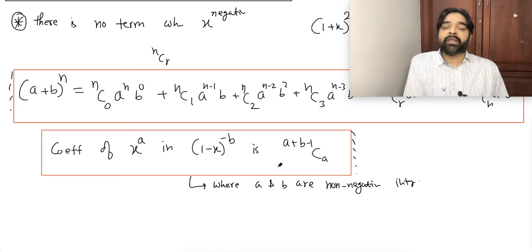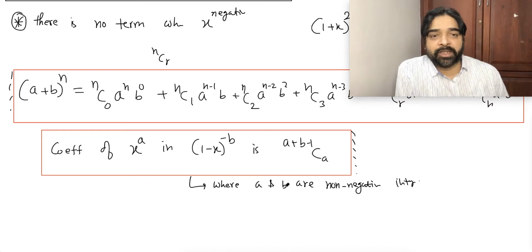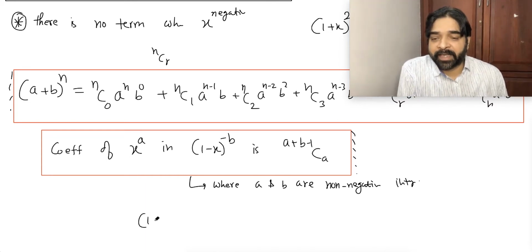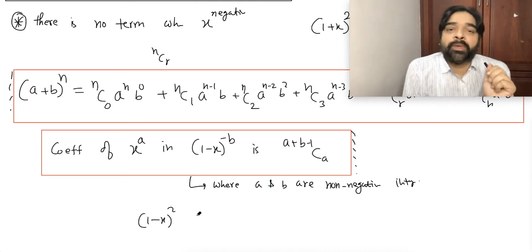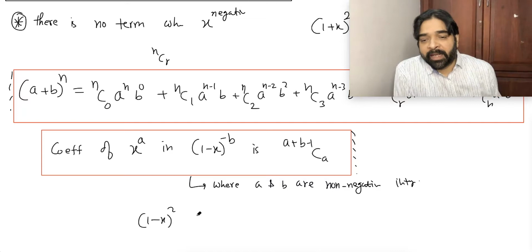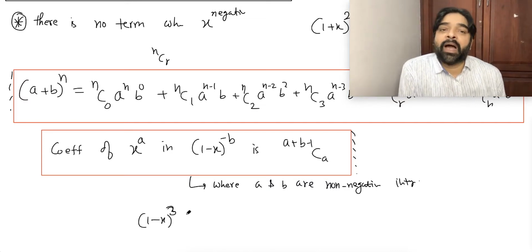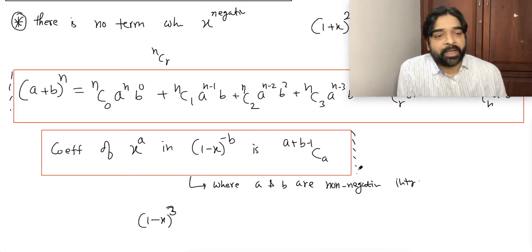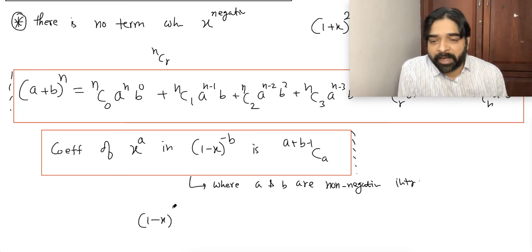I'm not giving the logic behind this. But if I say 1 minus x power 2, if you expand it, how many terms will come? Three terms. 1 minus x power 3, how many terms? Four terms. If I ask how many terms will come in 1 minus x power minus 1?